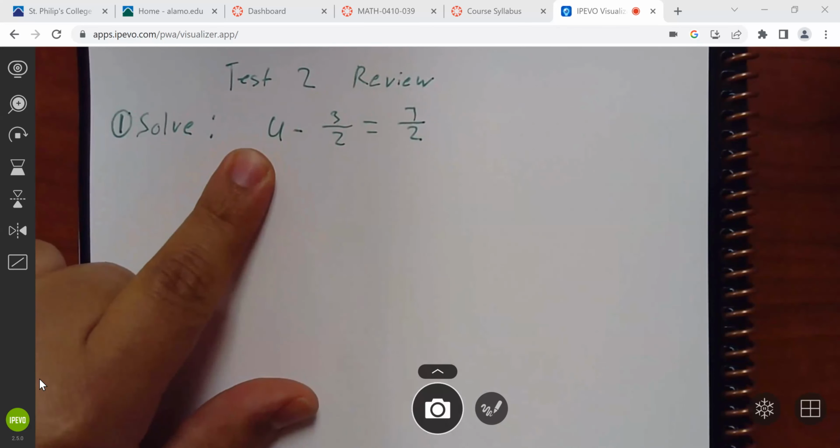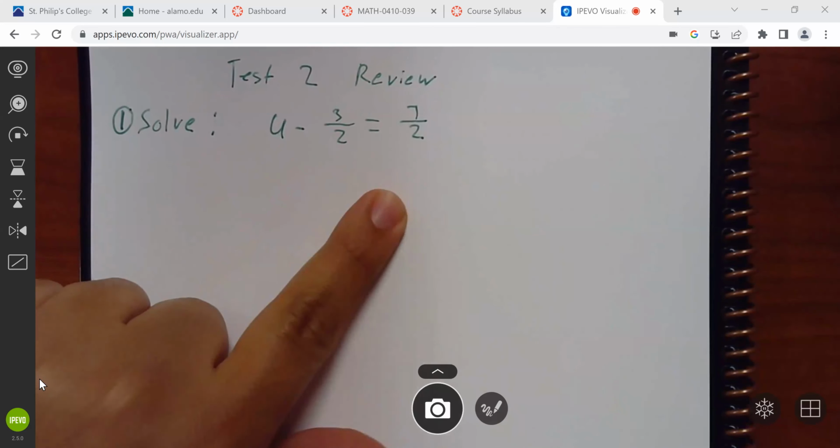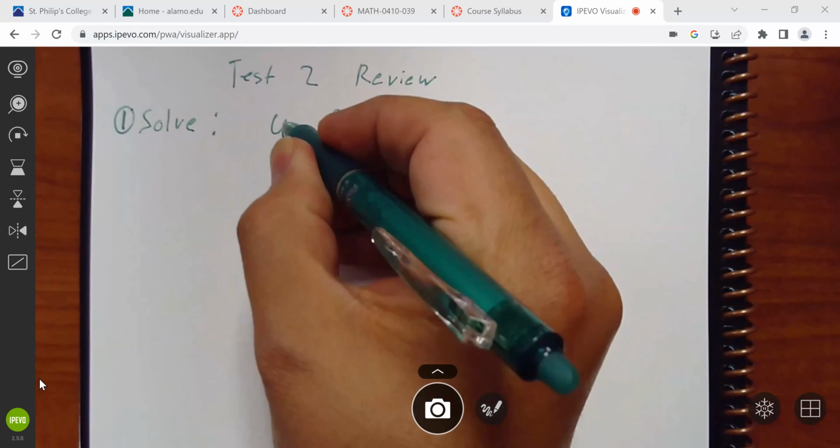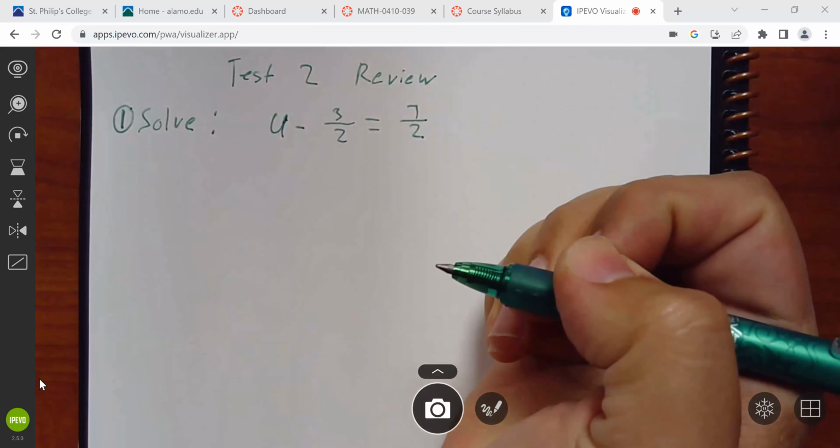Minus 3 halves. You go to 7 halves. Feelings are hurt a little bit, that's all. Don't do this.